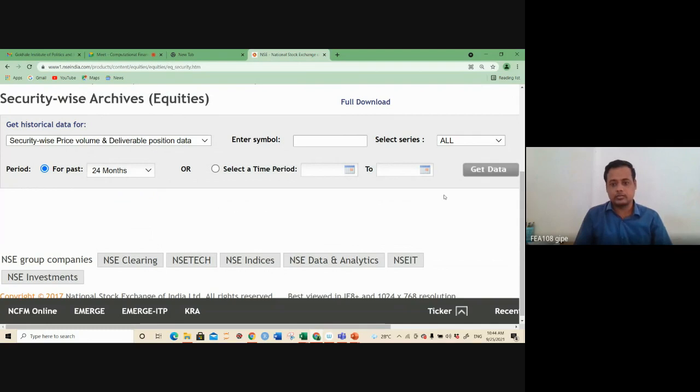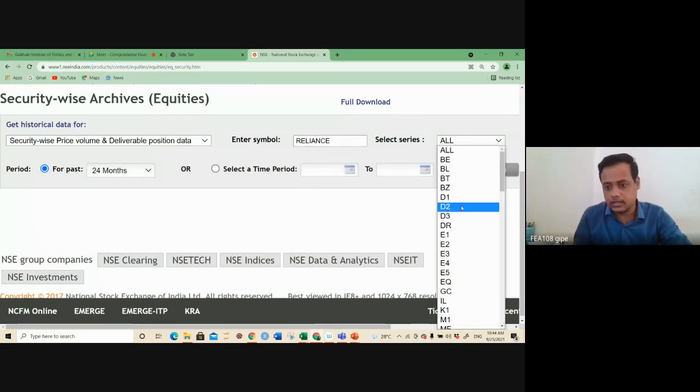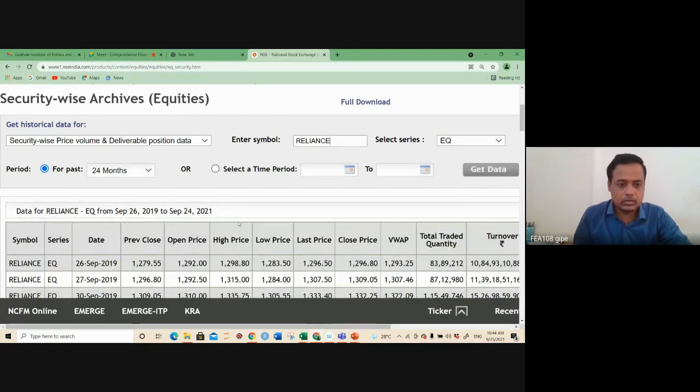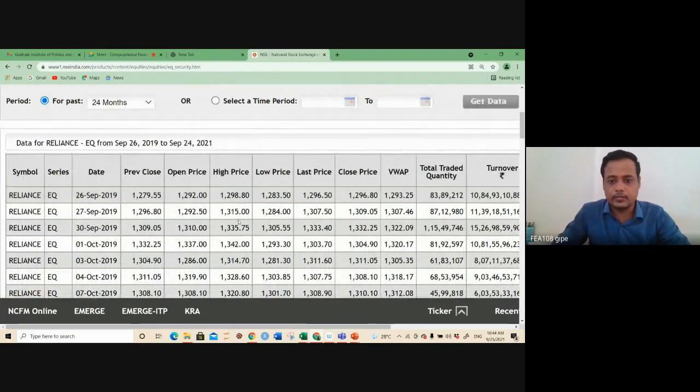Okay, last 24 months, still it will... Okay, the symbol you need to give. Suppose Reliance. So in the series, you select EQ. So you are getting the Reliance share price.